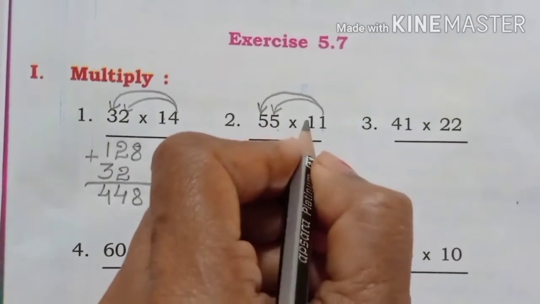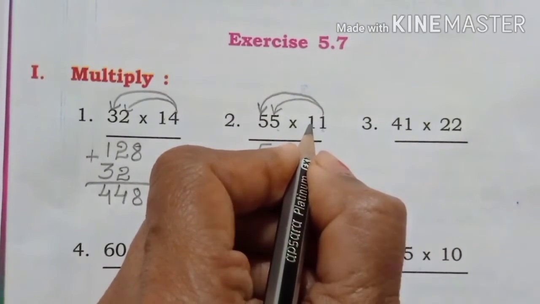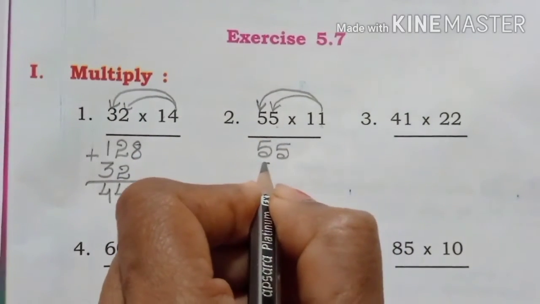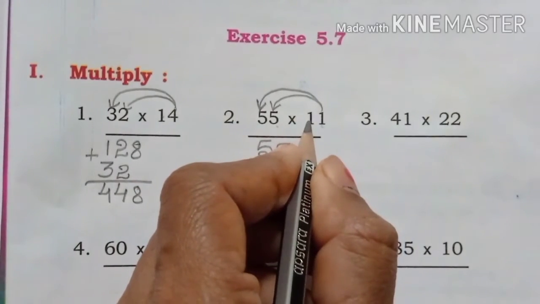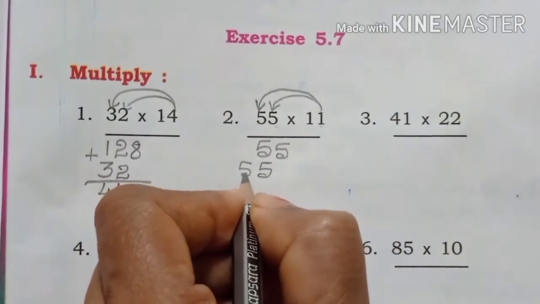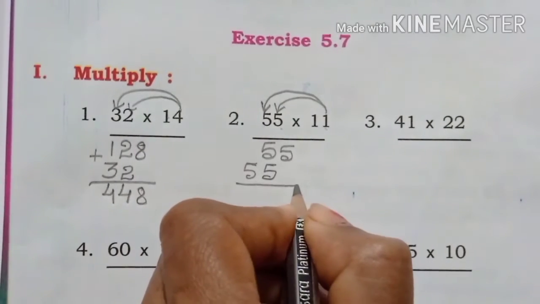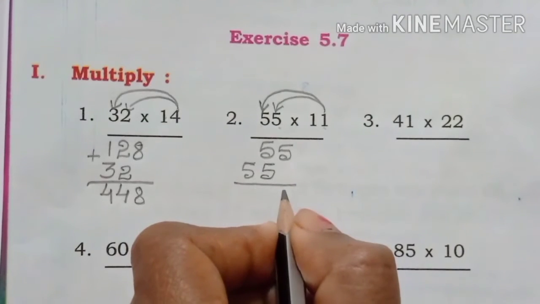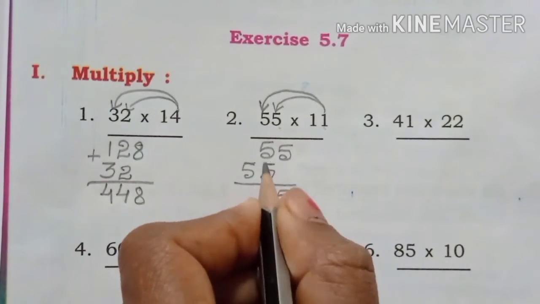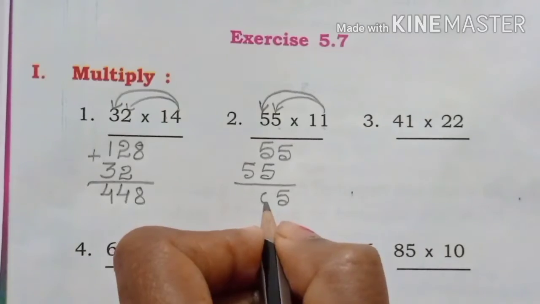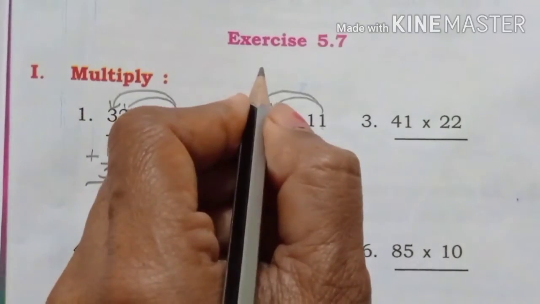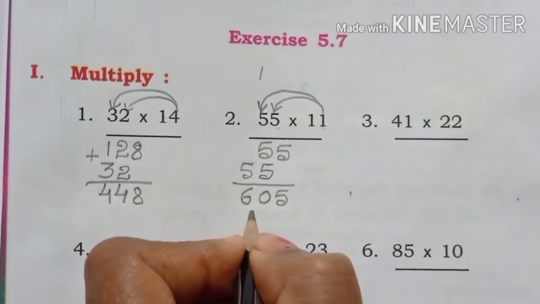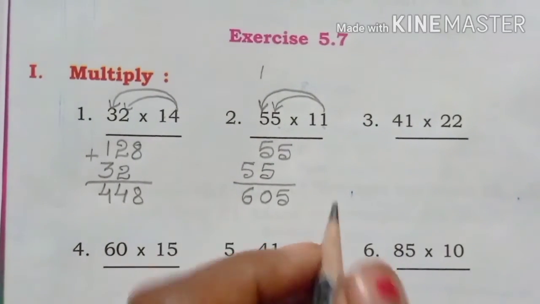Now we multiply the tens. 1 5 is 5. Now adding all. Now we get 5 plus 5 is 10. Write 0, 1 carry. Now 5 plus 1 is 6. So answer is 605.